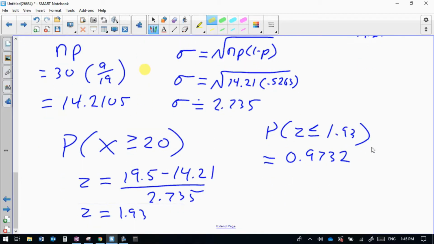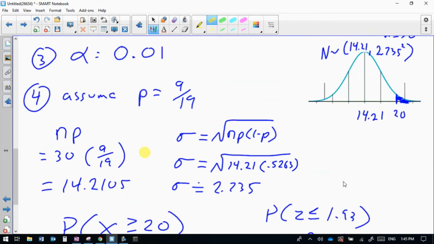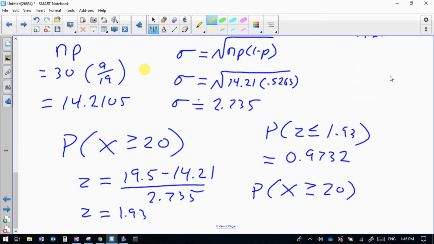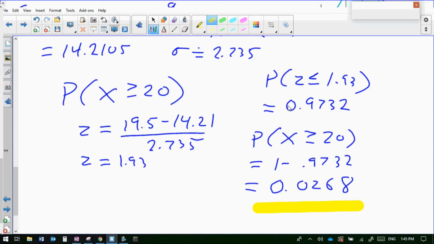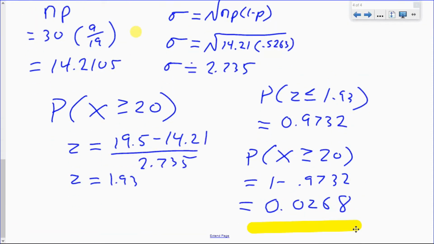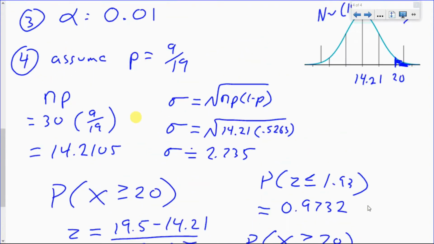But we want to know the probability that it's greater than that. This gives us the probability that we're under 20. So this part of the curve here, we want to know everything but that. So we subtract from 1, and we get 0.0268. So the probability that you get 20 or more reds on the wheel is only 2.68%.